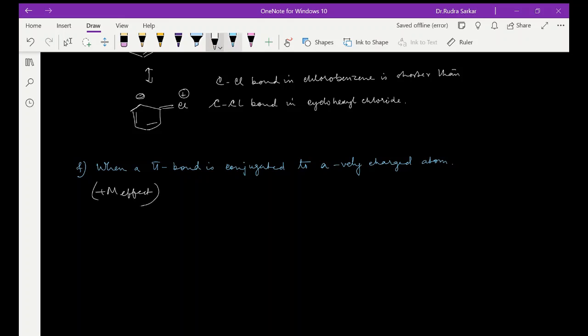Okay, so here suppose we have, this is called the, sorry, allyl carbanion, and that is how the electron donation happens.